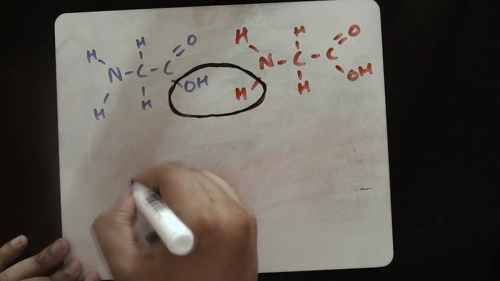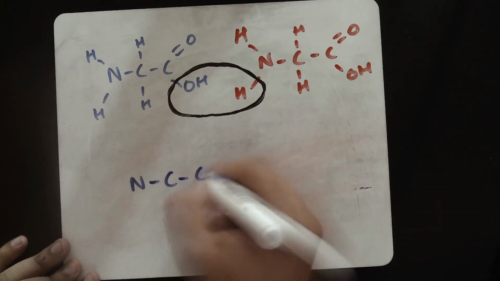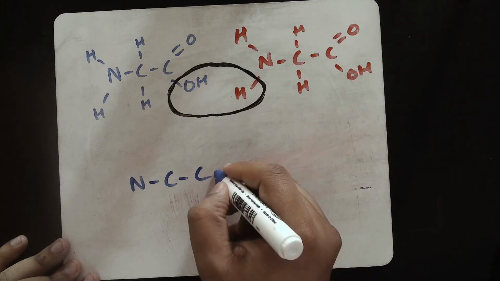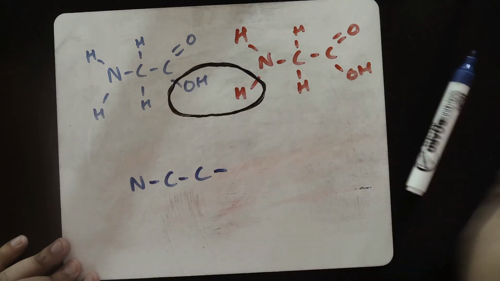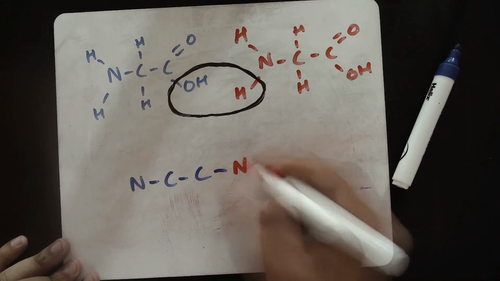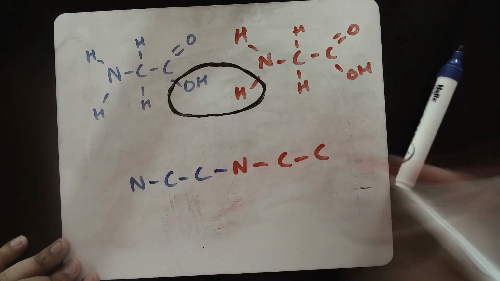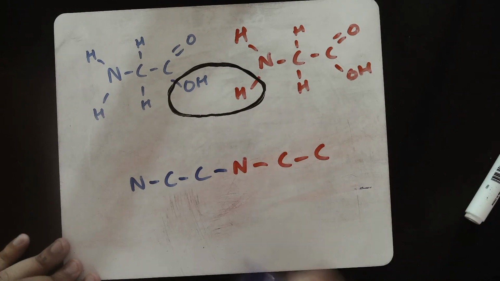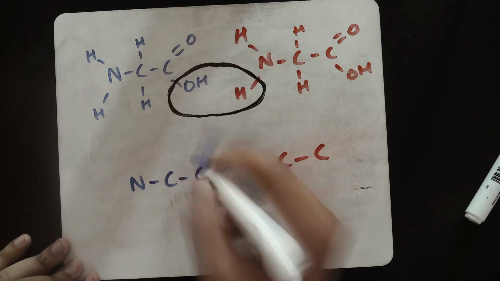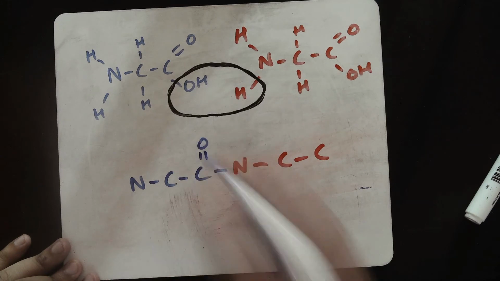So you follow the structure, first put in the backbone, NCC. We know that this carbon will then be joined to this nitrogen here because we've lost the water in between. We then need to structure our peptide link. Now peptide links look like this. Because we've got a double bond O going up here, we'll put a double bond O going up here.